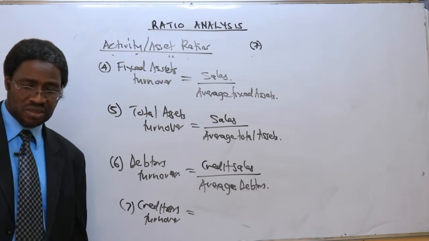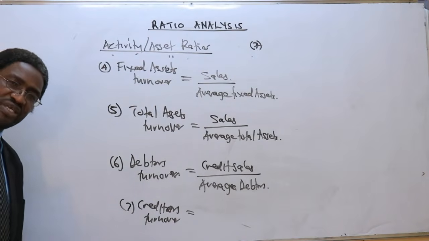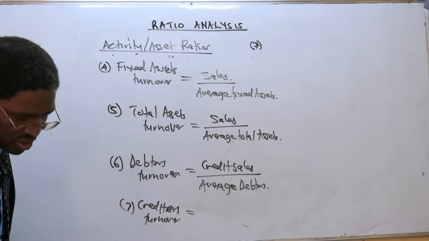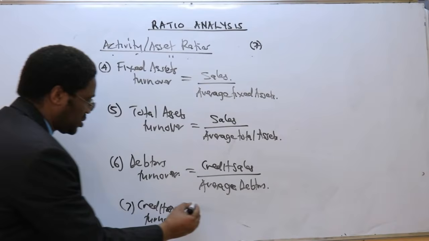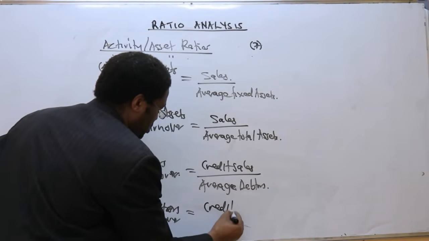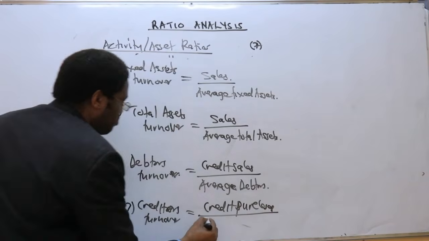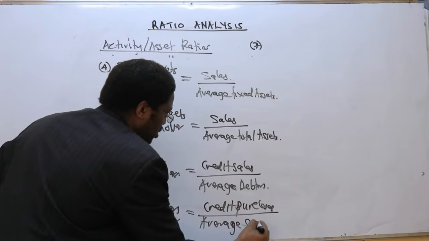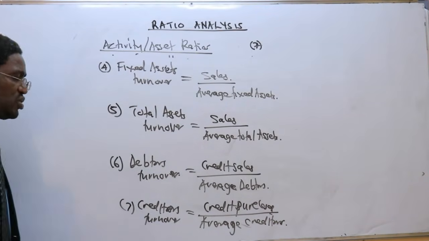Now again, for creditors turnover, you know what brings about creditors is not sales. What brings about creditors is purchases. And which kind of purchases? Not the cash purchases, only the credit purchases. So you take the credit purchases, again you divide that by average creditors.